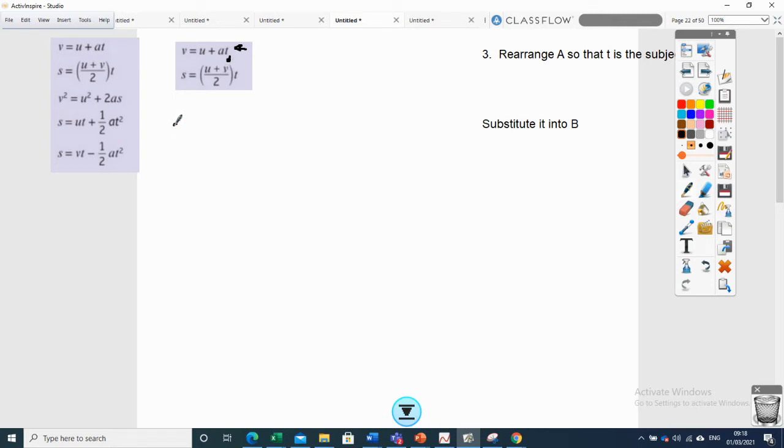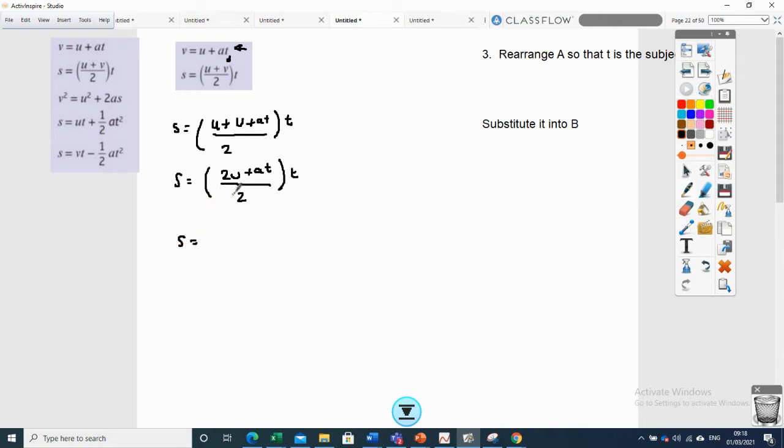So s is equal to u plus u plus at all over 2, multiplied by t. I'm now going to simplify the top to 2u plus at, all over 2, multiplied by t.